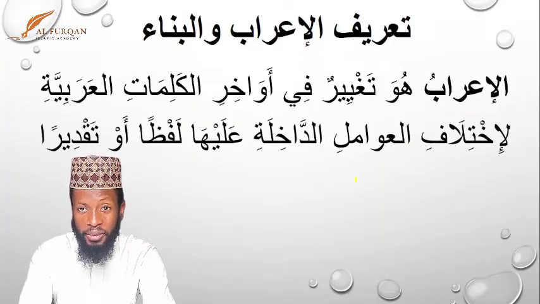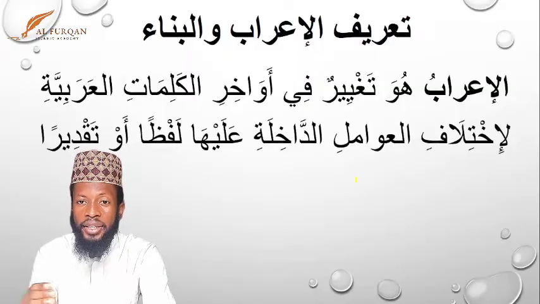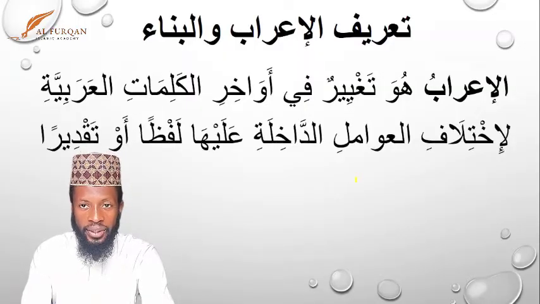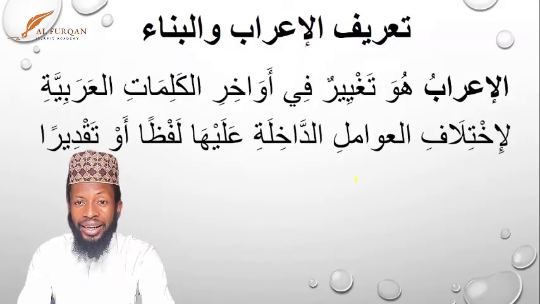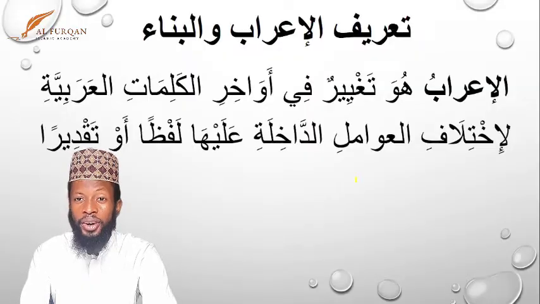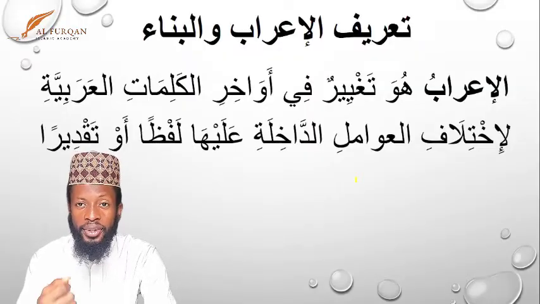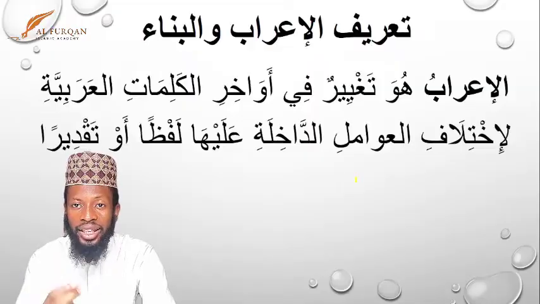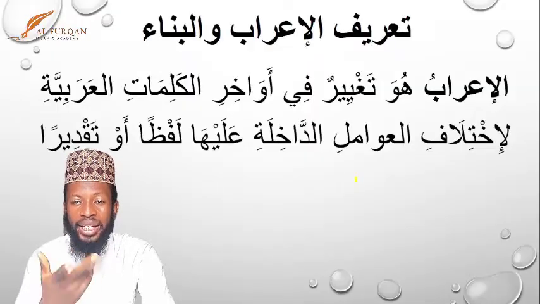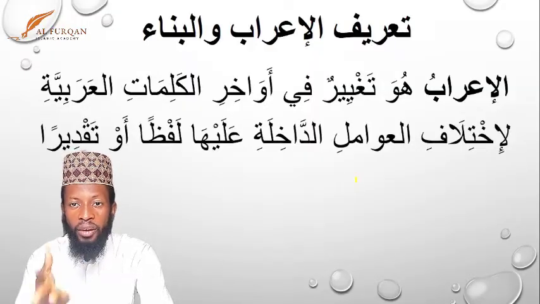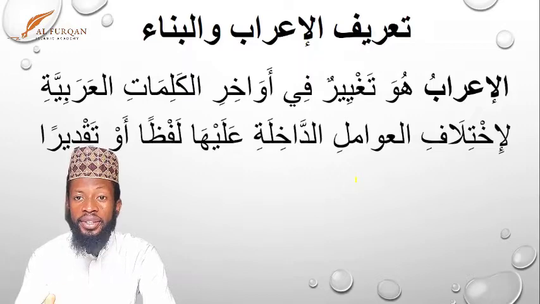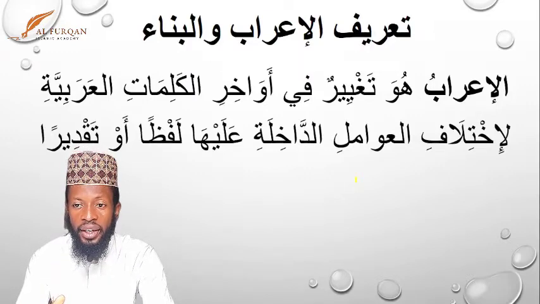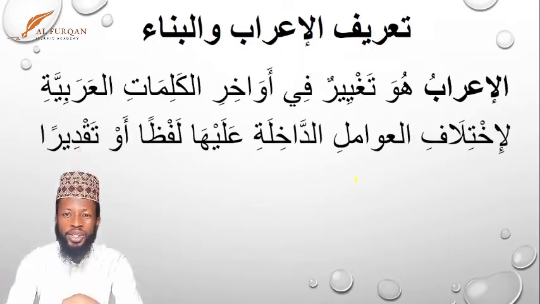Musa is marfu'. Now, what if the same amil enters upon it? Inna Musa Rasulullah. This is also Musa. So the change is taqdiran. It is estimated. It is not lafzan. We did not pronounce it. So this is the ta'rif of al-i'rab, and al-bina is just the opposite.